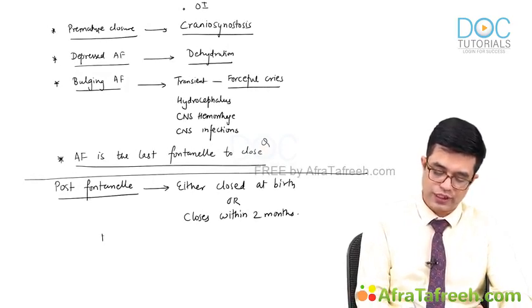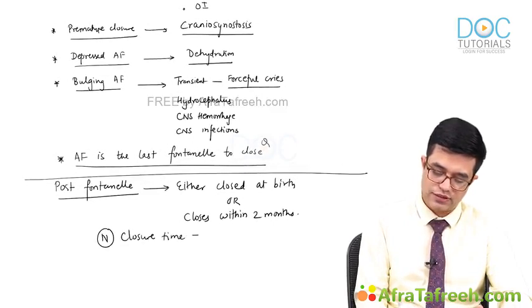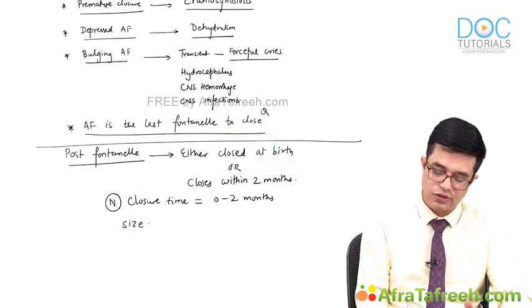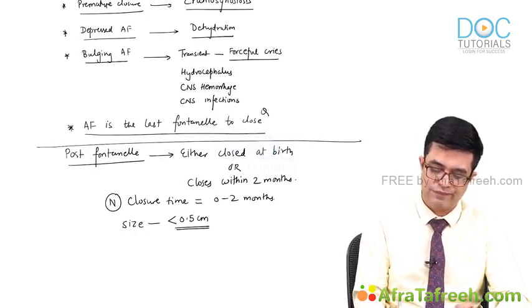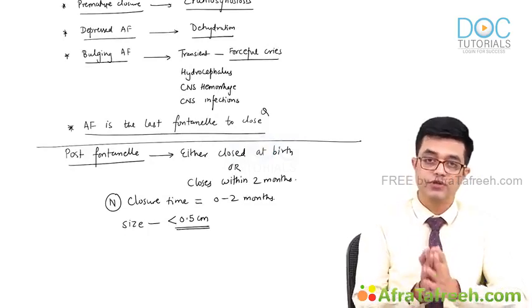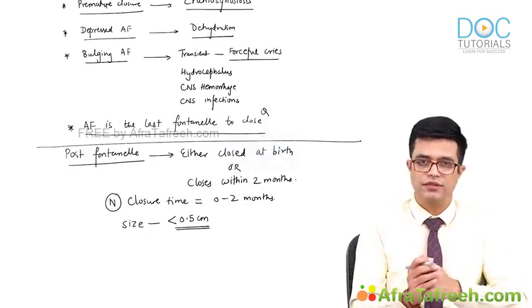So the normal closure time for the posterior fontanelle will be 0 to 2 months. And the size of the posterior fontanelle in a normal child is always less than 0.5 centimeters. So this is regarding the 2 fontanelles and their related MCQ points and one-liners with the reasons.